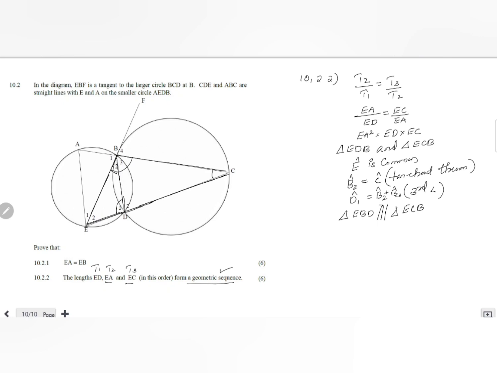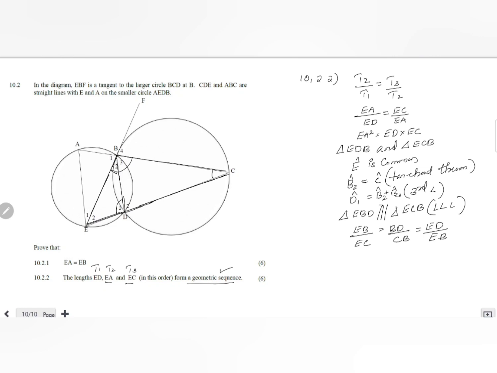We prove that one by angles. Okay, so let me try the sides, that is EB over EC is equal to BD over CB is equal to ED over EB, isn't it?